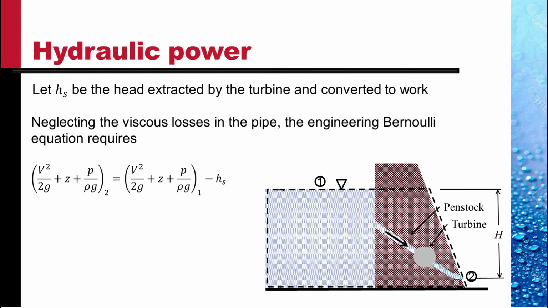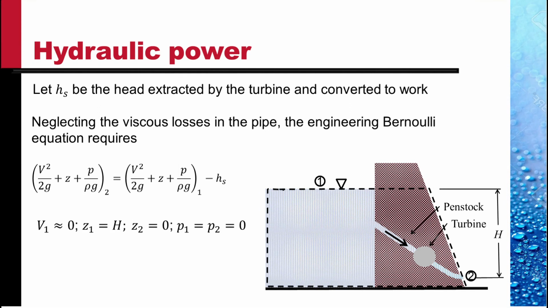Let Hs be the head extracted by the turbine and converted to work. So neglecting viscous losses in the pipe, the engineering Bernoulli equation requires V²/2g + Z + P/ρg at the outlet 2 is equal to the total head at the inlet minus Hs, the head extracted by the turbine. This is the work done by the system, so Hs is positive.